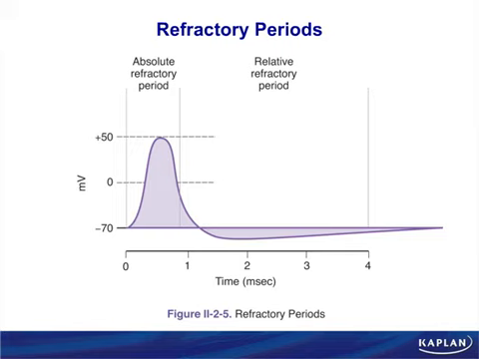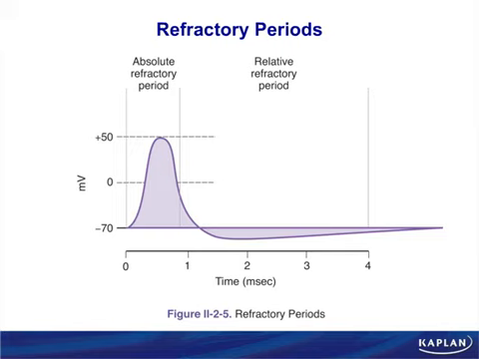The approximate duration of that with respect to the action potential is illustrated on that slide. Let's think about what would make a nerve or skeletal muscle or cardiac muscle absolutely refractory. It means it can't get another action potential.